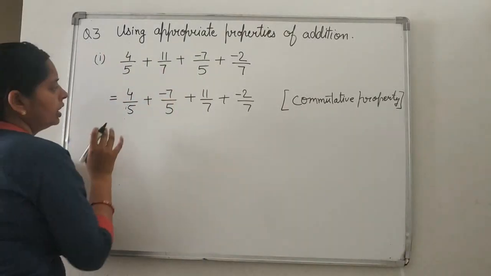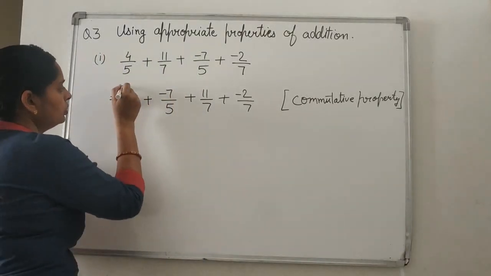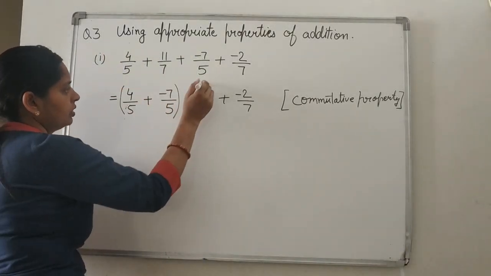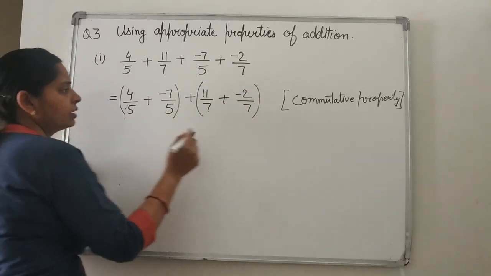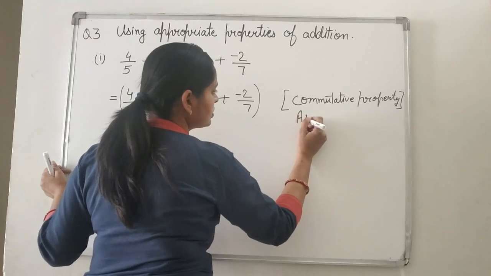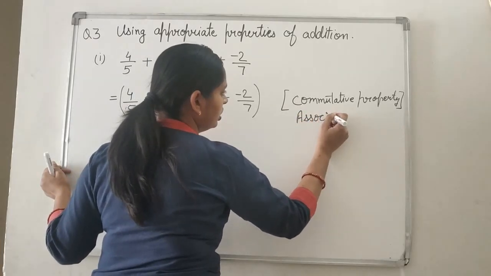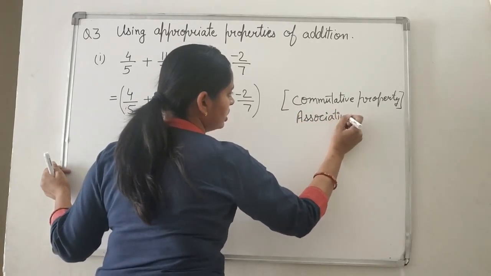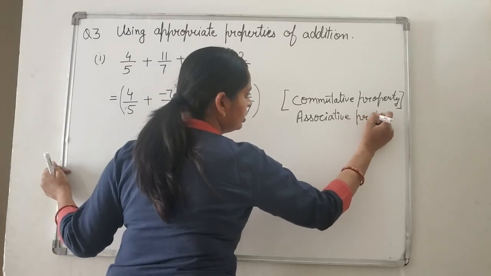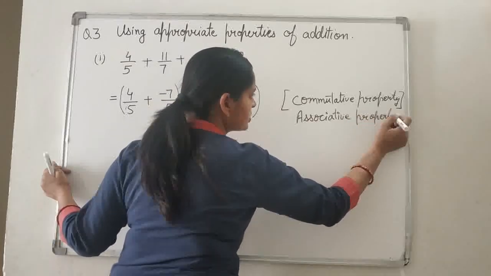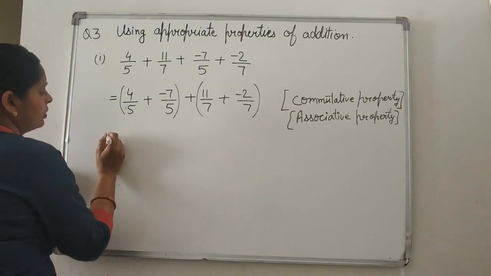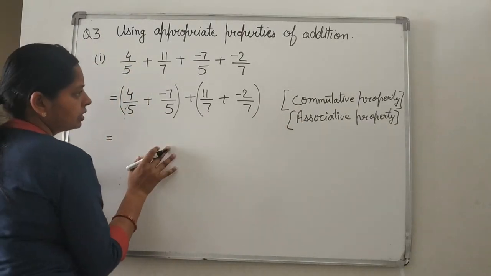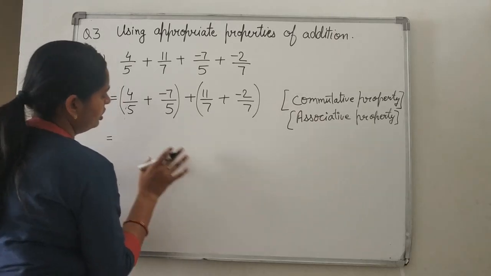And now we are having 4 terms. So we have also used the brackets. First we will solve these two and we will solve these two. When we have put the bracket, that means we have also used the associative, because choosing the terms is our associative property. We have chosen that first we will solve these two terms and we will solve these two terms. So we have used commutative and associative property both here.